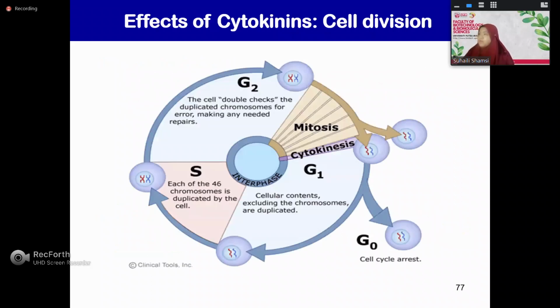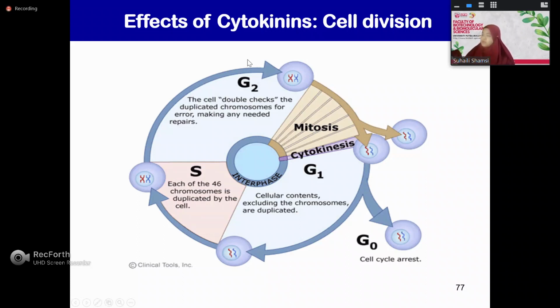So this is just to show you the cell cycle in plants. And we start off with G1 here. G0 is if something happens to the cell itself. So try to remember your growth factors lecture, how I showed you guys the cell cycle and what G0 means here, right?